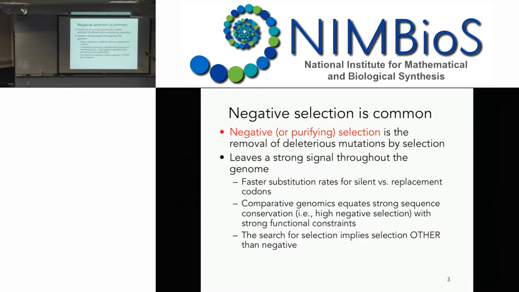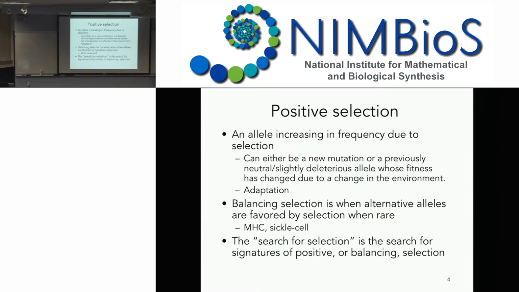So when I talk about the search for selection, I'm talking about the search for selection other than negative. Now this is quite interesting because we can use other genomes to ask about sites outside of coding regions, which may be quite important. So that's non-trivial, but evolutionists are generally interested in searching for selection that's signatures of adaptive, positive changes, alleles arising which are favorable and fixed.